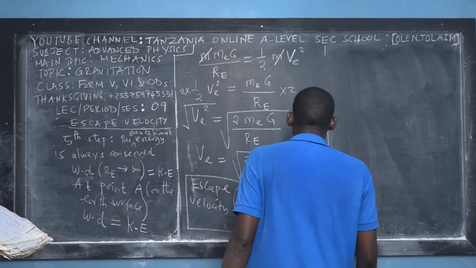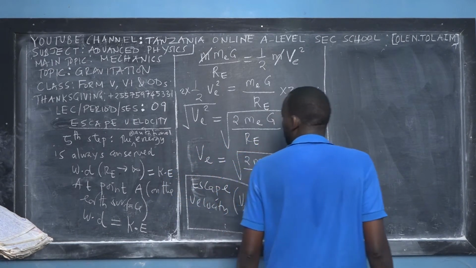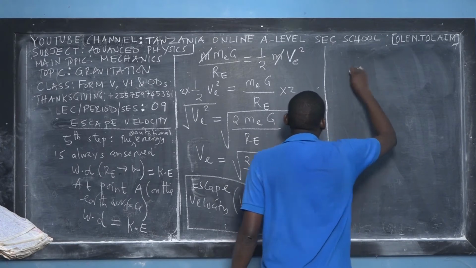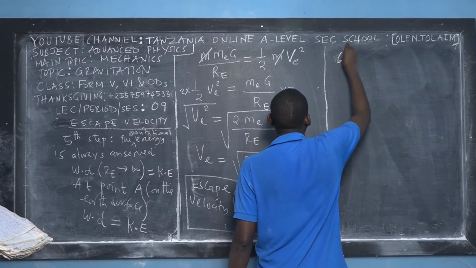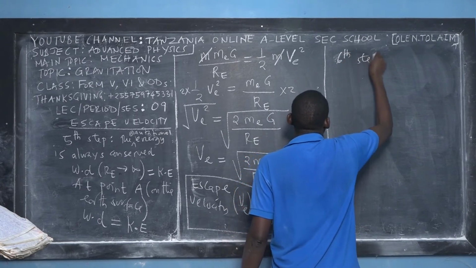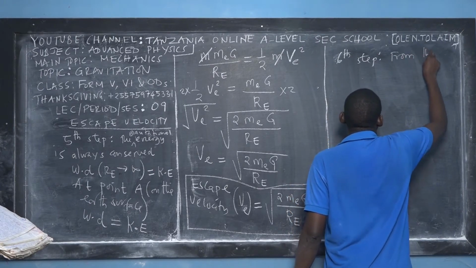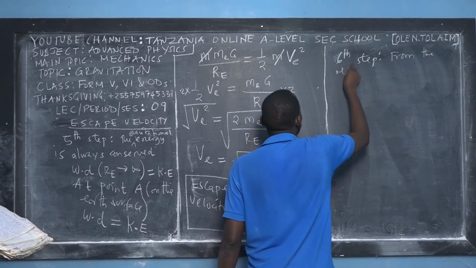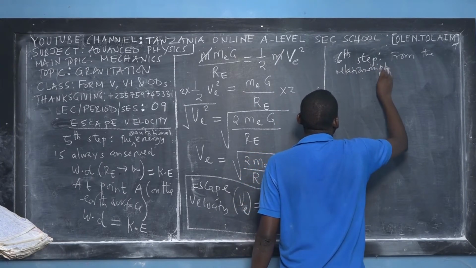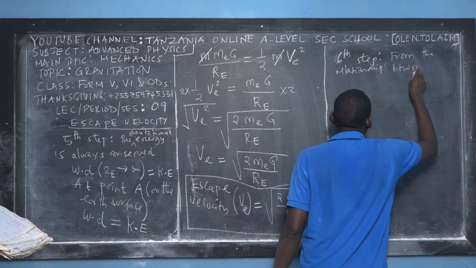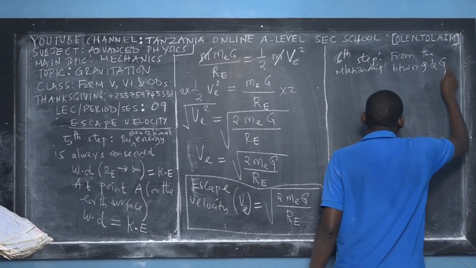So this is the first form of the formula of the escape velocity. We can determine another form from the relationship between acceleration due to gravity and the universal gravitational constant.